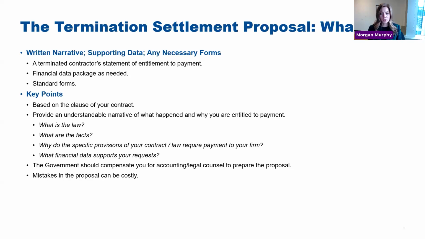Oftentimes you're going to bring legal counsel in, particularly if you have a more complex termination, or a termination that involves a lot of subcontractors, because while setting up this termination settlement proposal, you're also working with your subcontractors, if you have them, to figure out what cost you need to get from them to then pass along to the government.